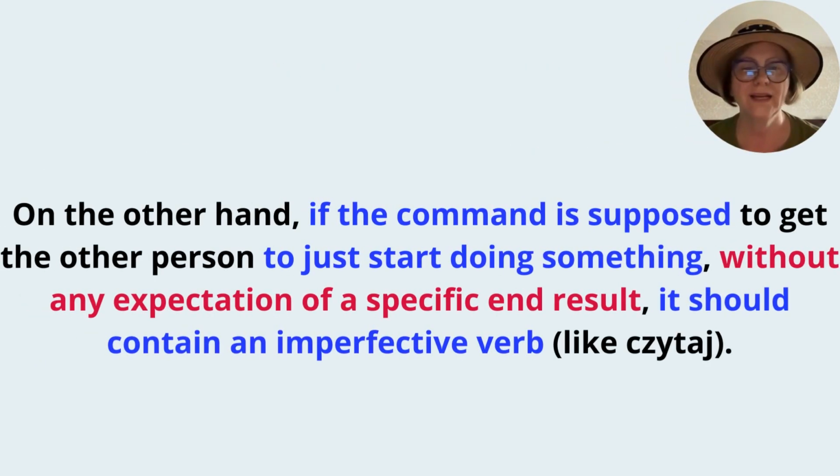On the other hand, if the command is supposed to get the other person to just start doing something without any expectation of the specific end result, it should contain an imperfective form like czytaj.